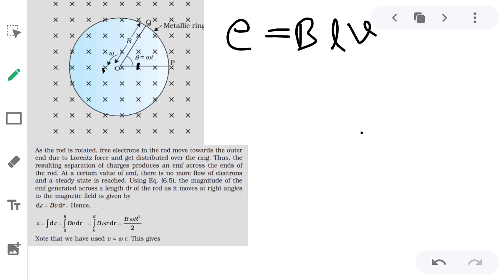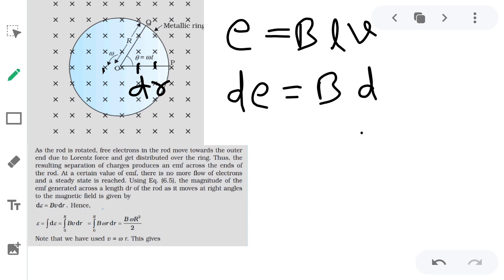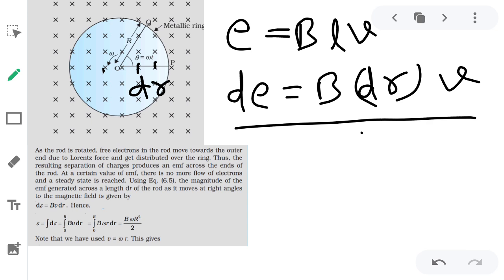Now if I take a small part of the conductor, that small part is suppose dr, the small EMF induced dE will be B dr v. This term you can find it here. Now we have to find for the whole rod how much EMF is induced at the ends O and P. So we integrate this.